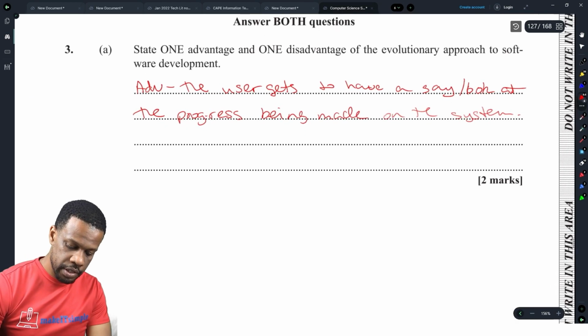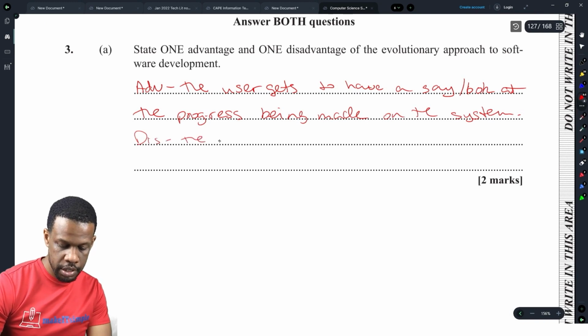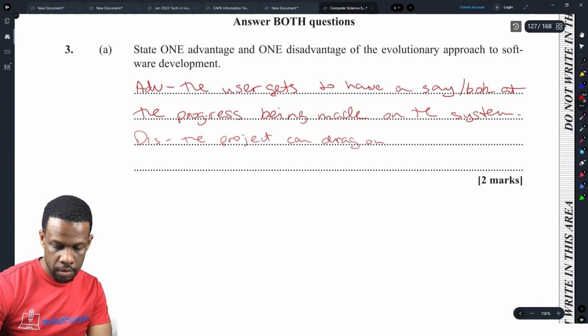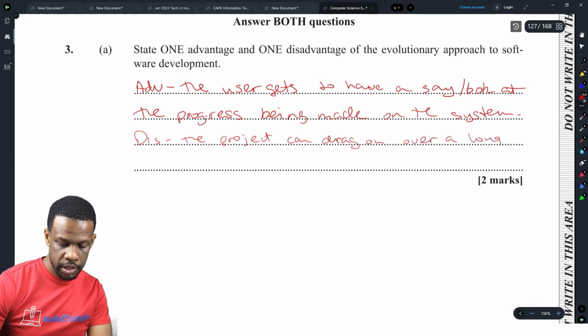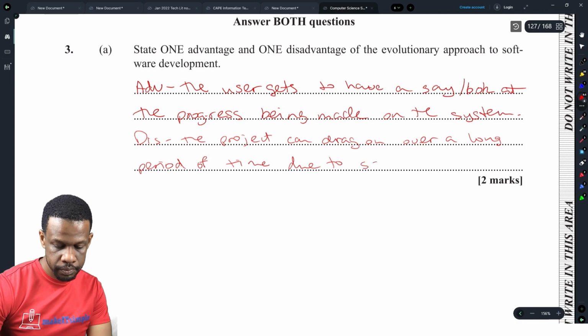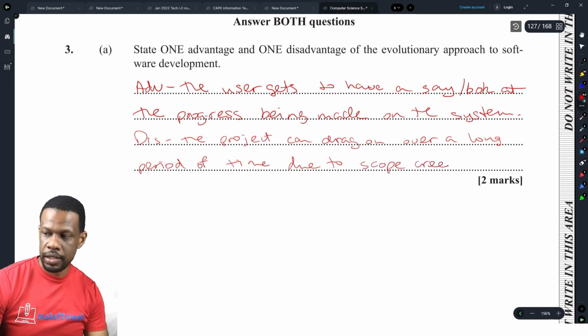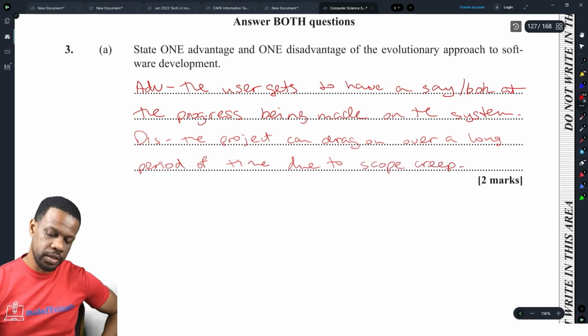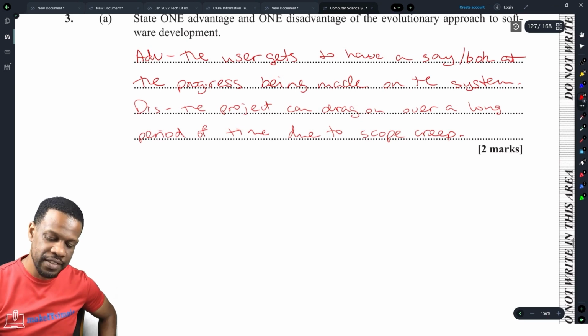And the disadvantage is the project can drag on over a long period of time due to scope creep. Basically, the goalposts keep moving and you don't know when the project is actually finished.